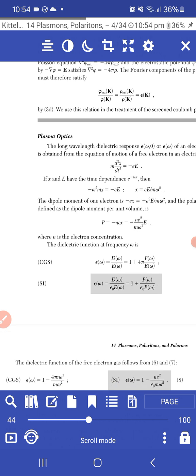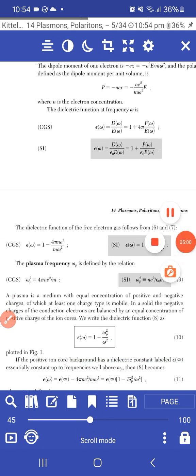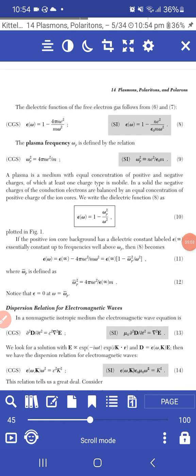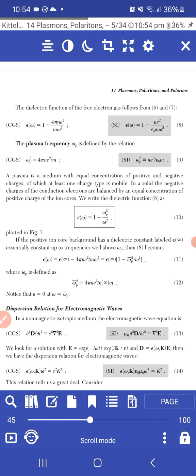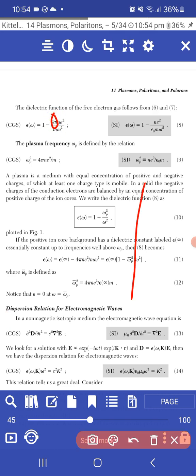Where did n e square come from? It comes from here, into the 1 by E, so one E cancels with the other E. Here we have epsilon is equal to 1 minus n e square by m omega square into some constant, which is 4 pi here, and 1 by epsilon naught in SI.